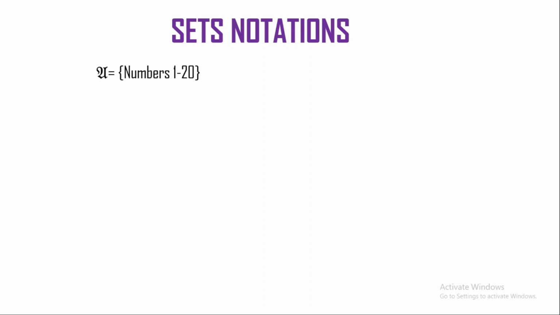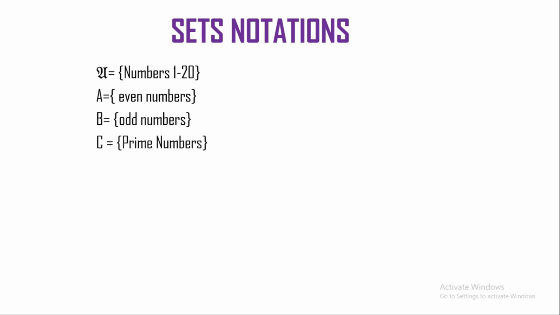Let's treat some questions. Here, numbers 1 to 20 are the universal set. A is the even numbers, B the set of odd numbers, C the prime numbers. So let's get them. The universal set is 1 to 20. Set A should be the even numbers 2, 4, 6, 8, 10, 12, like that till 20.